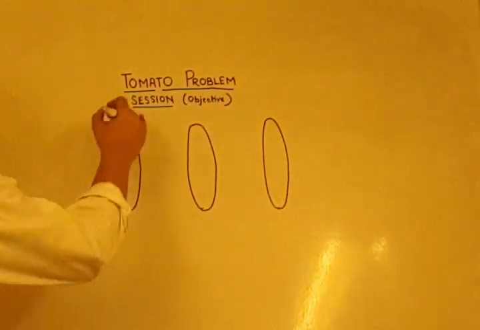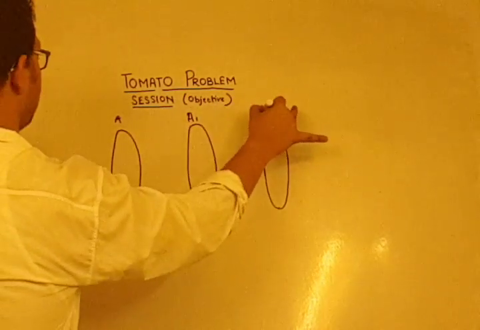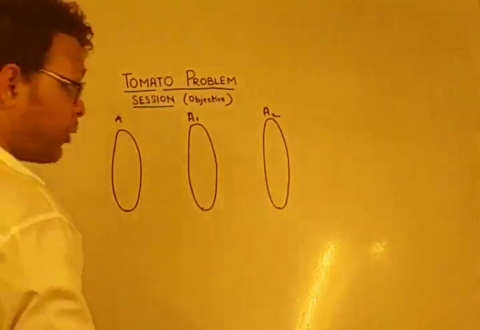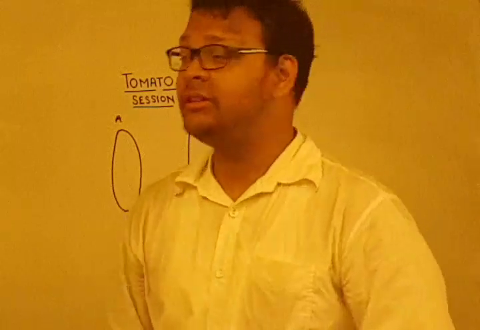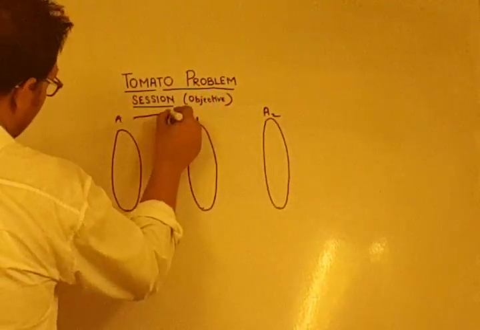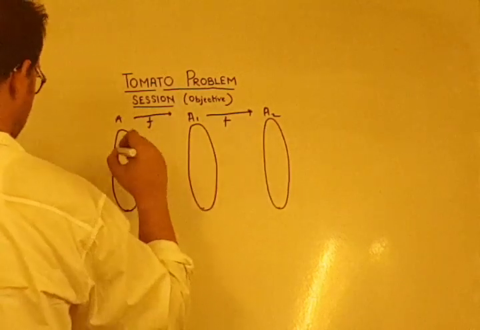I am drawing 3 sets A, A1, A2, because the problem given is f of f of x. First time f of x gives a value and then I again operate f. So this rule from A to A1 is f and this rule from A1 to A2 is again f.